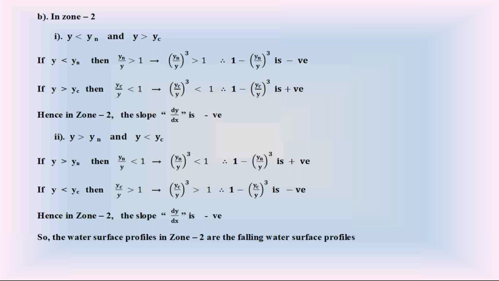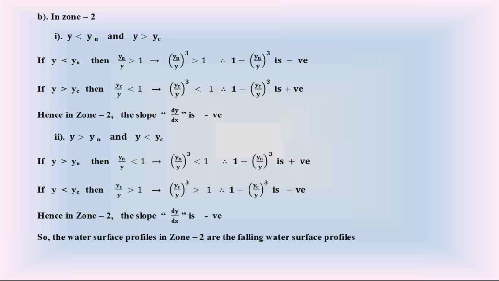That "in between" indicates that sometimes in zone 2, the depth of flow y is less than the normal depth, but greater than the critical depth. That is one condition in zone 2. In zone 2, the depth of flow y is in between the normal depth yn and critical depth yc.